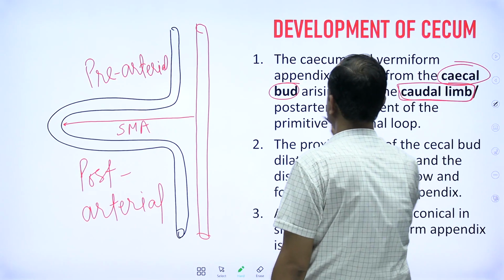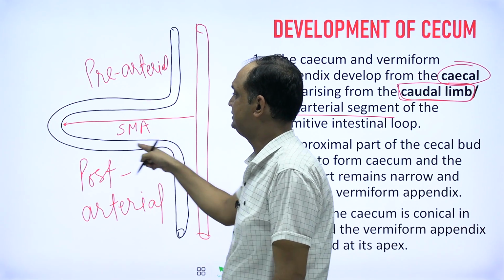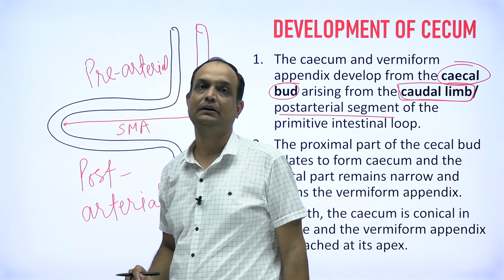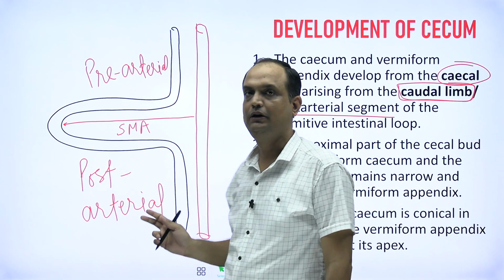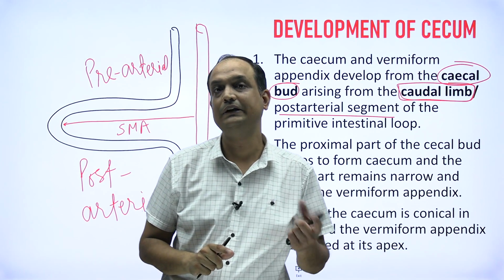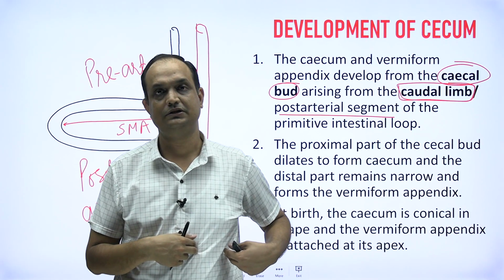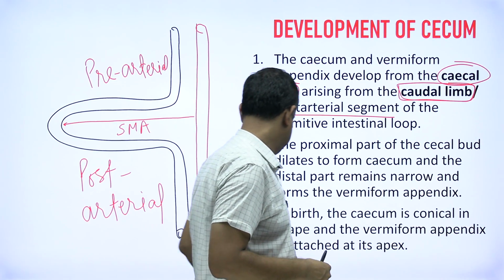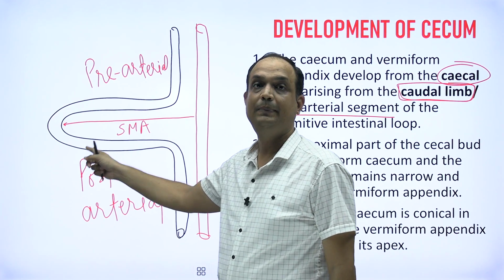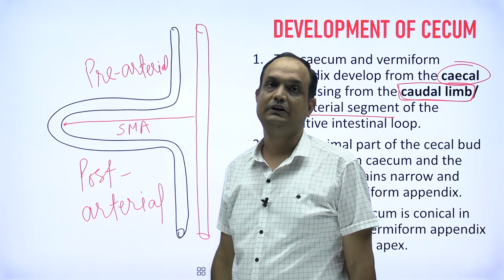So where is the post-arterial segment of the loop? This is the post-arterial segment, which continues with the hindgut. The junction of the hindgut with the midgut is at the right 2/3 and left 1/3 of your transverse colon. That means this part is going to form your cecum, your appendix, your ascending colon, and the right 2/3 of the transverse colon.